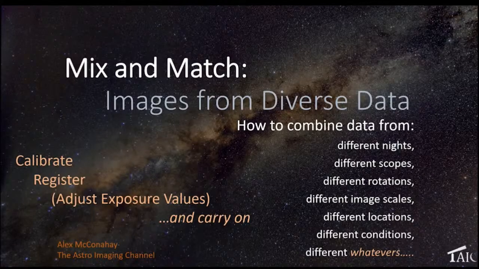So if you ever find yourself in a situation where you have subs taken on different nights with different rotations and all that stuff, you know what to do. Calibrate it, register it, adjust for maybe some normalization if needed, and just carry on as normal. Thank you.